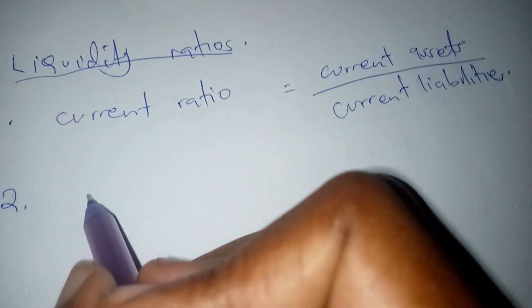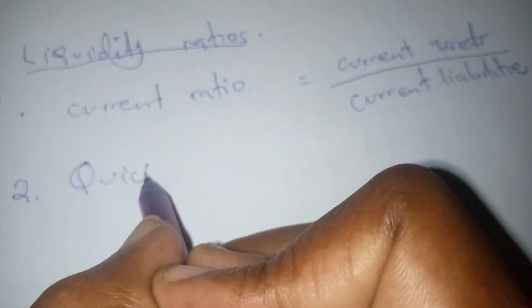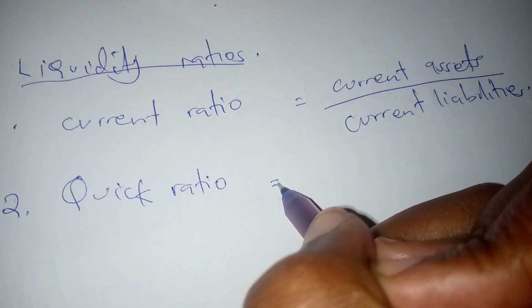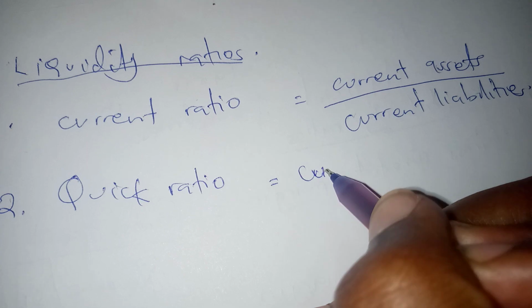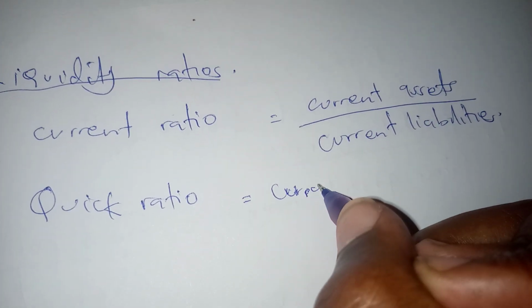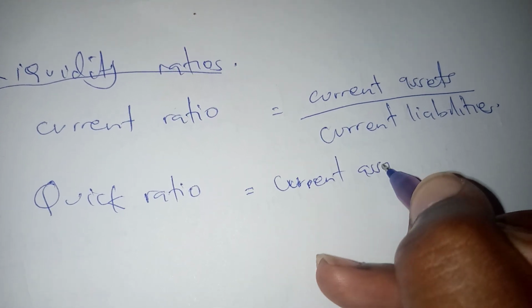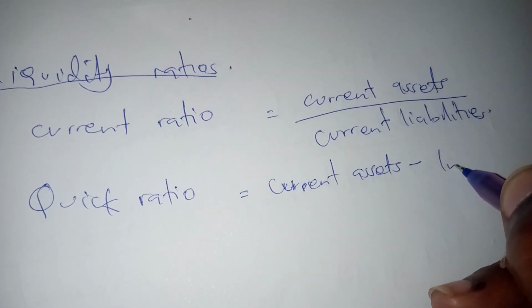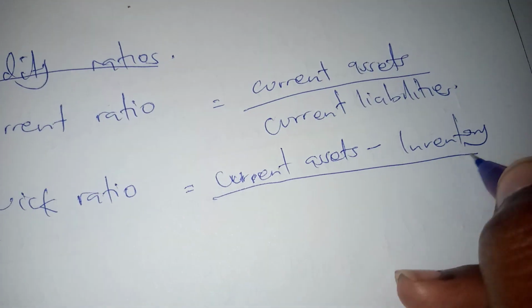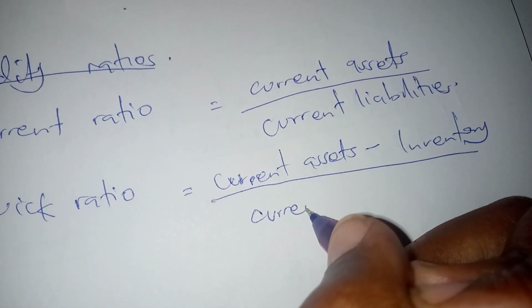Then the second one is the quick ratio, which is the same formula, you just subtract inventory. So current assets less inventory divided by current liabilities.